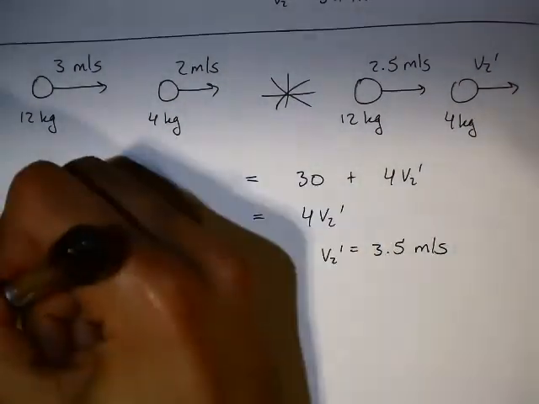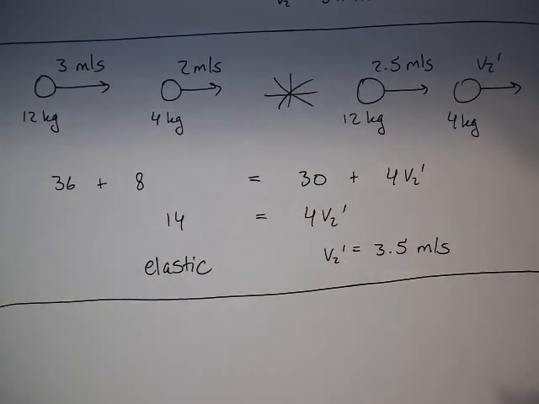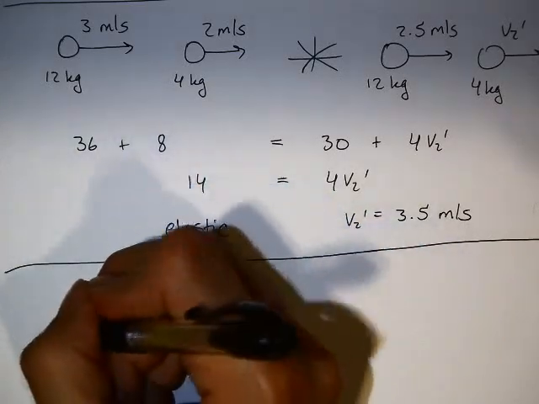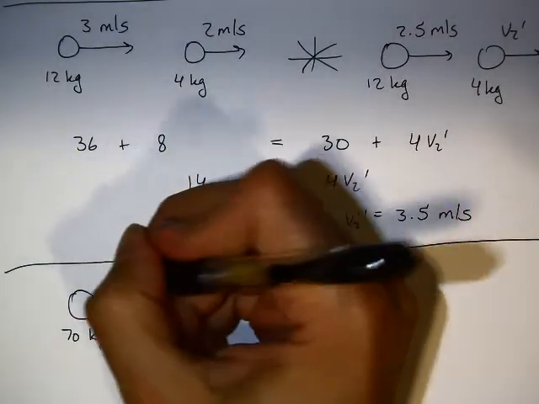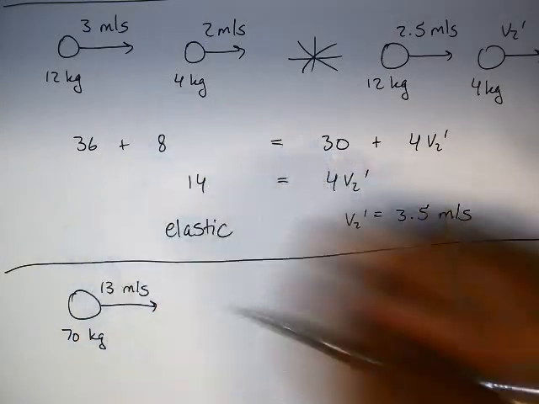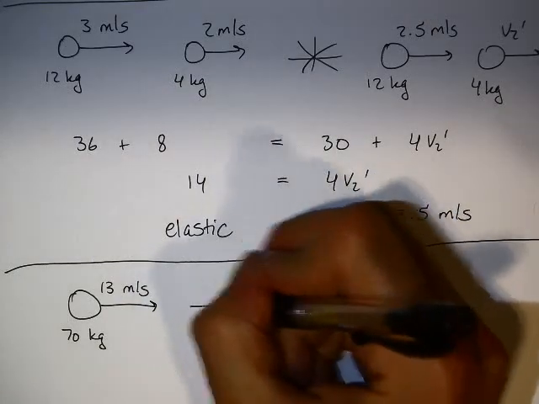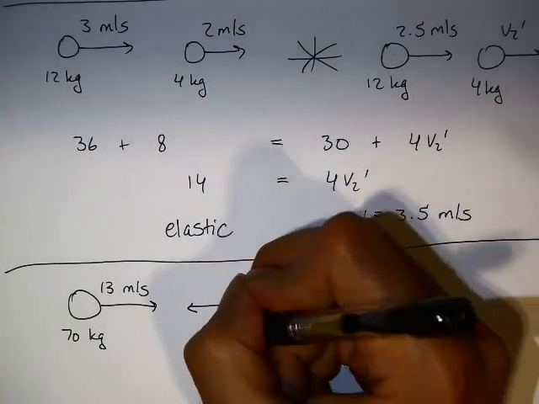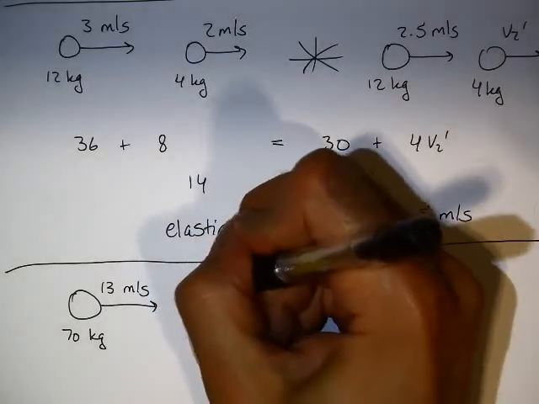Now let's look at a perfectly inelastic collision. We're going to have a big object, 70 kilograms, moving rightward at 13 meters per second, hitting an object moving left at 5 meters per second.